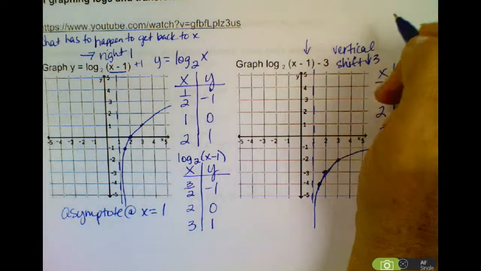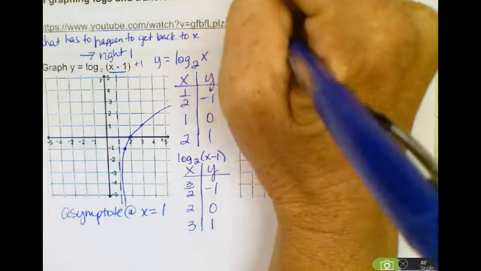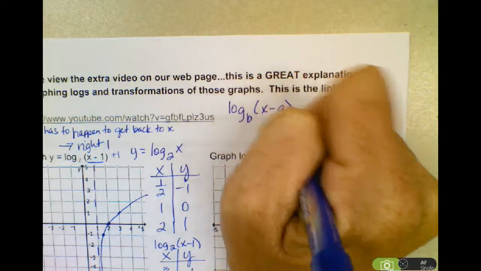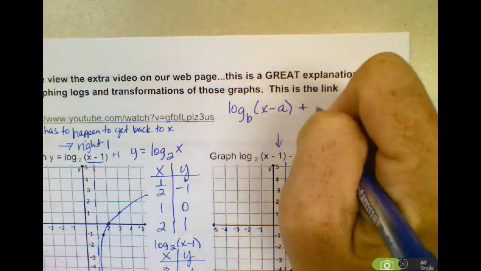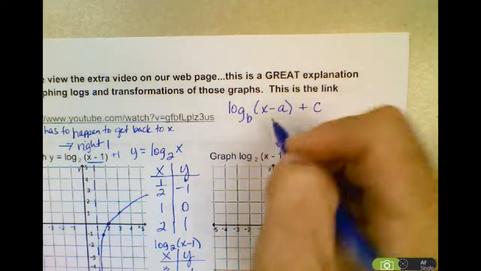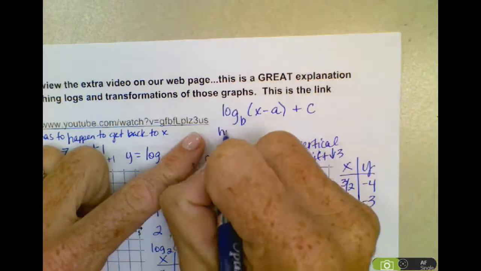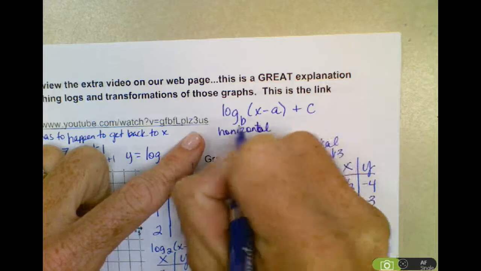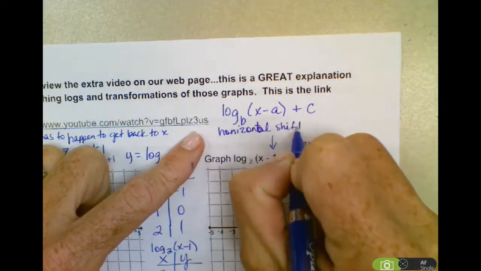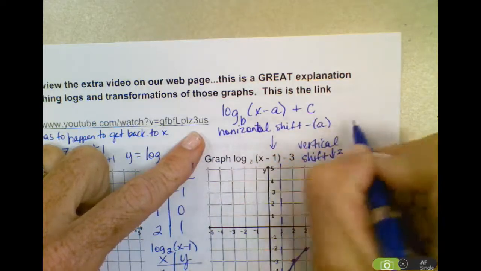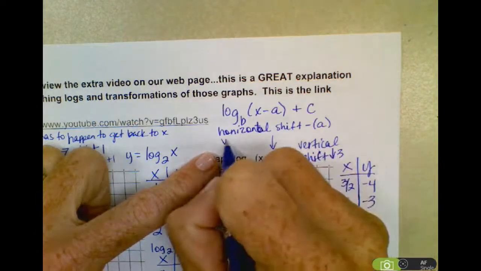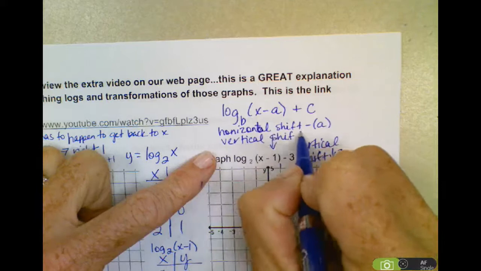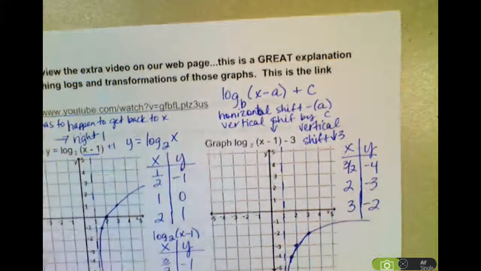So our overall rule is if you have log the base x minus a plus c, okay? That's going to result in a horizontal shift of the opposite of a and a vertical shift by c, okay?